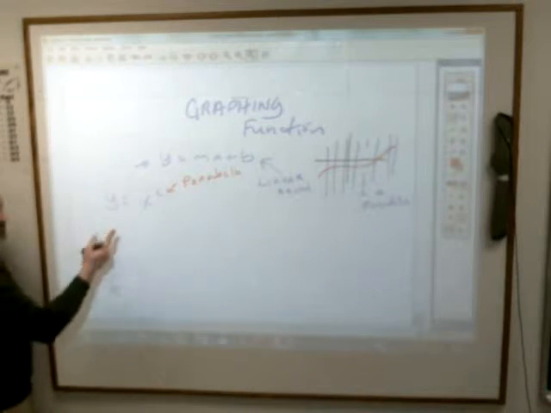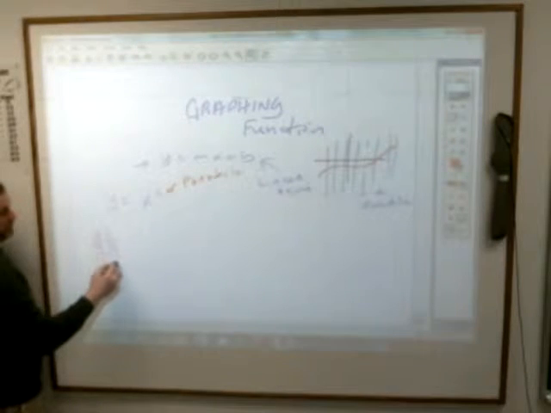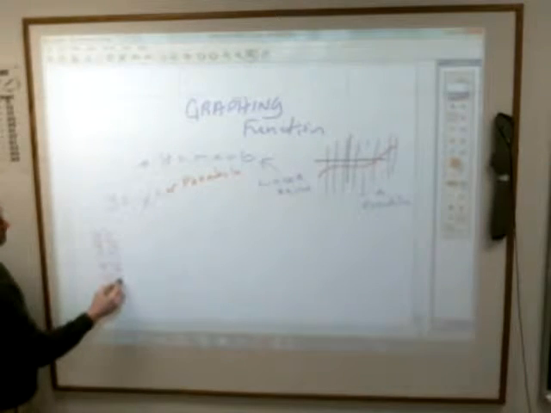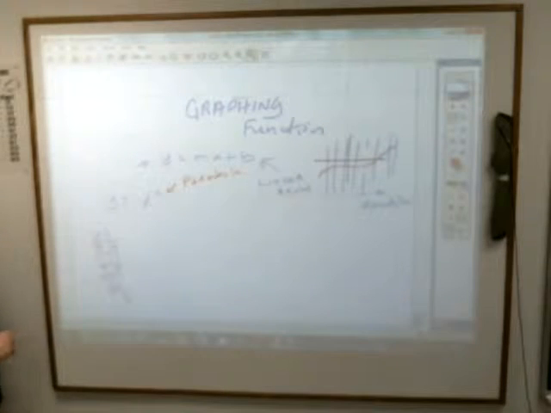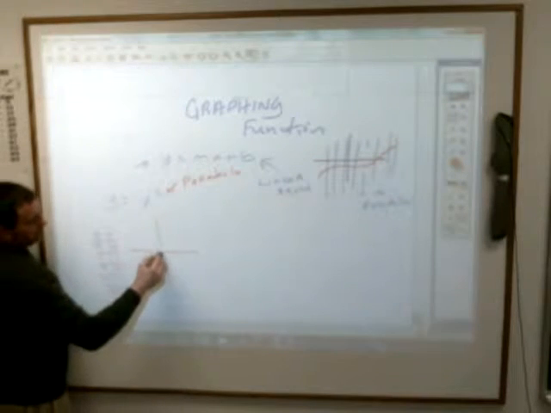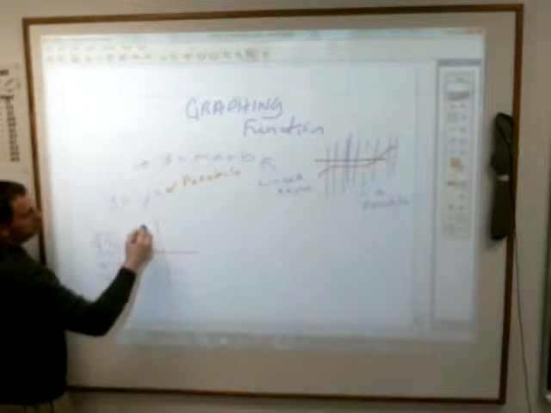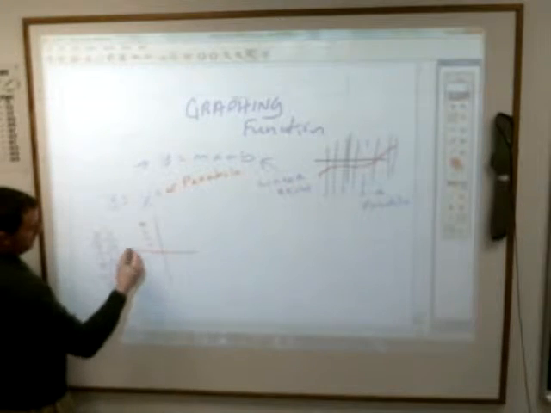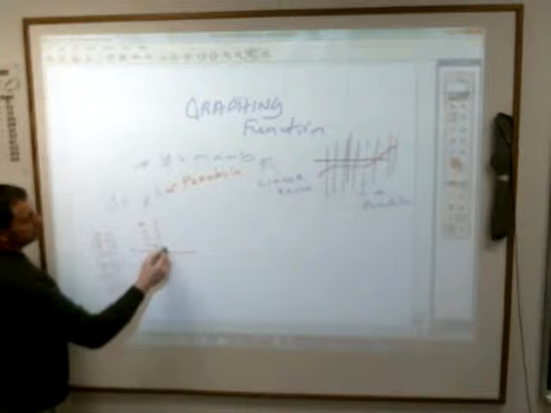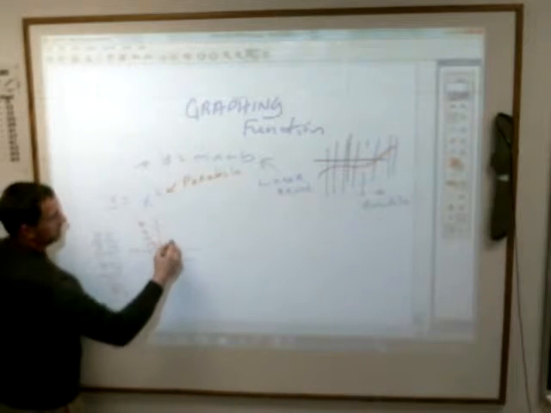If you square x, that's what you get for y. -2 times -2 is +4, then +1, 0, +1, +4. Just squaring all those. So if you graph that, here's what it looks like. So this is your parabola.